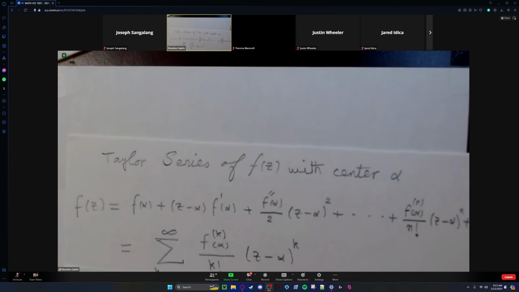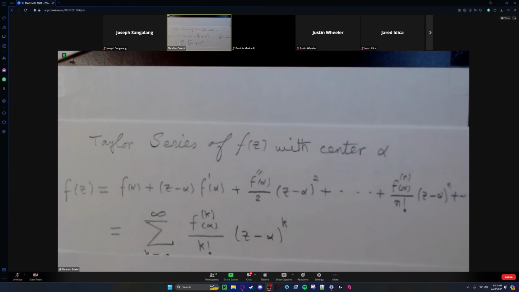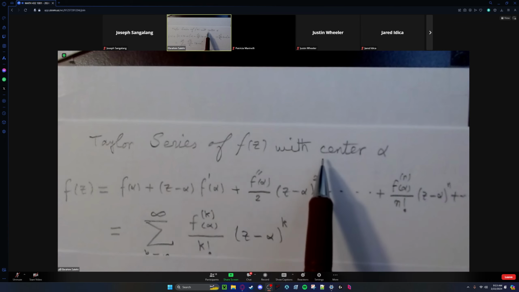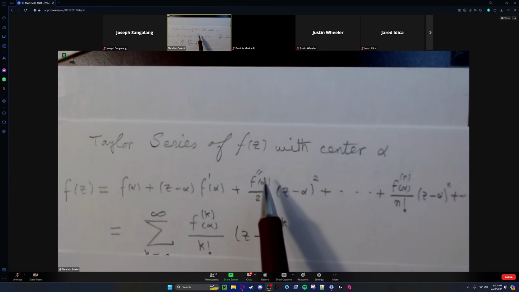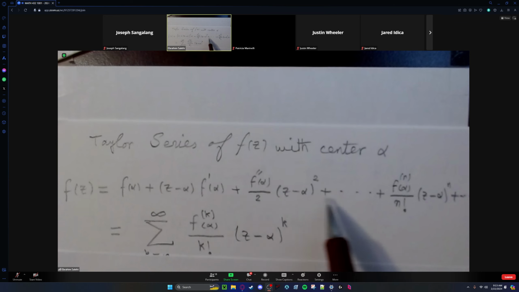Here is the Taylor series of a function. If the function is analytic, the Taylor series centered at alpha is f of alpha, f prime alpha, f double prime alpha over 2 factorial, and so forth.